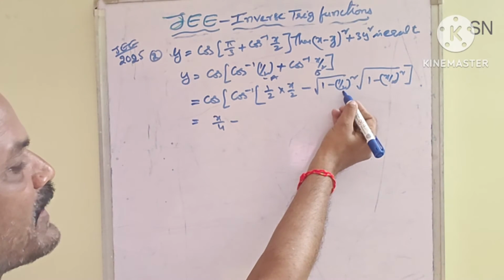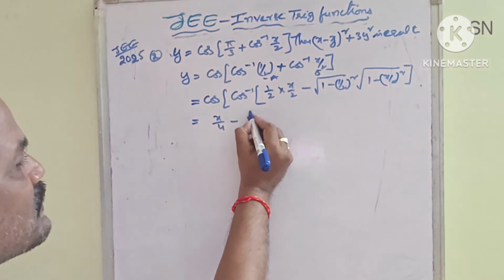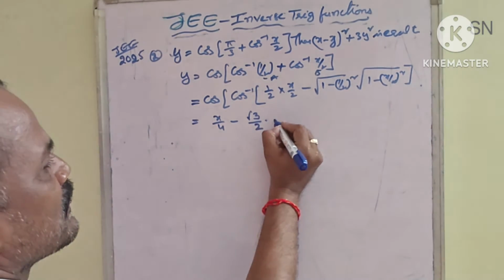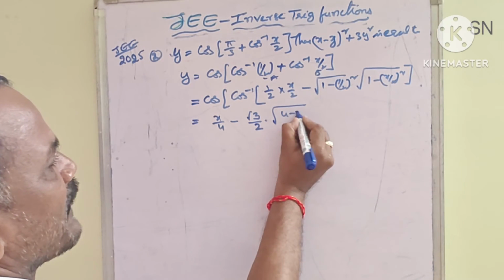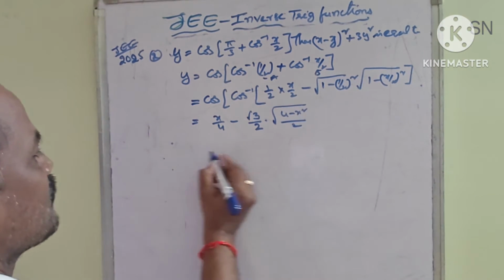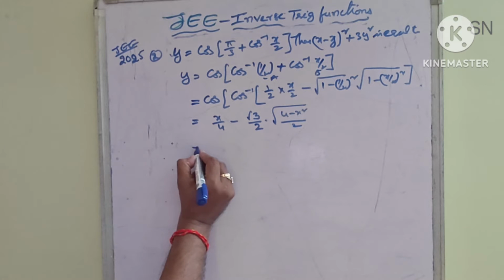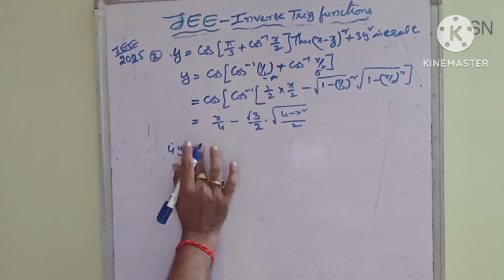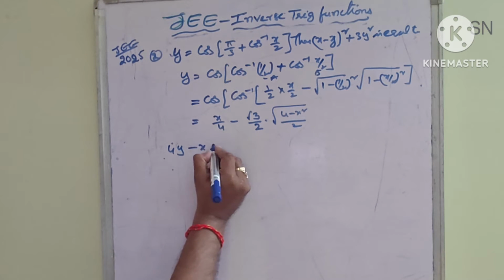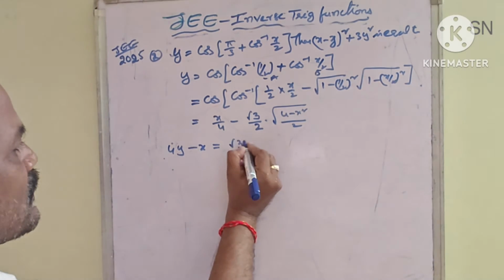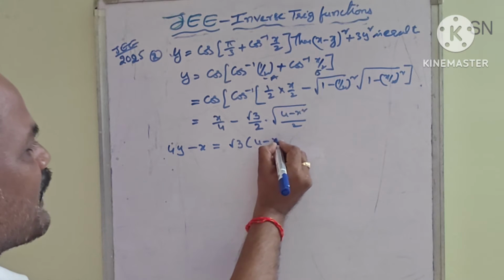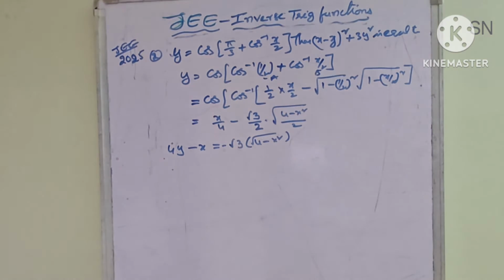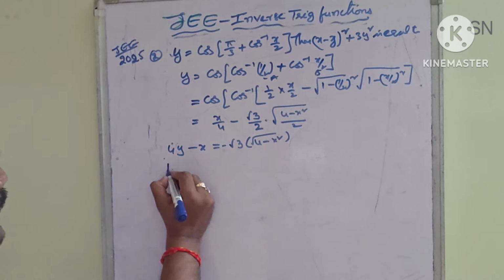So 1 by 2 squared means 1 by 4, 1 minus 1 by 4 means 3 by 4, root 3 by 2 into root over 4 minus x square by 2. Now here LCM is 4, now cross multiplication: 4y minus x is equal to root 3 into root of 4 minus x square. Now squaring on both sides.